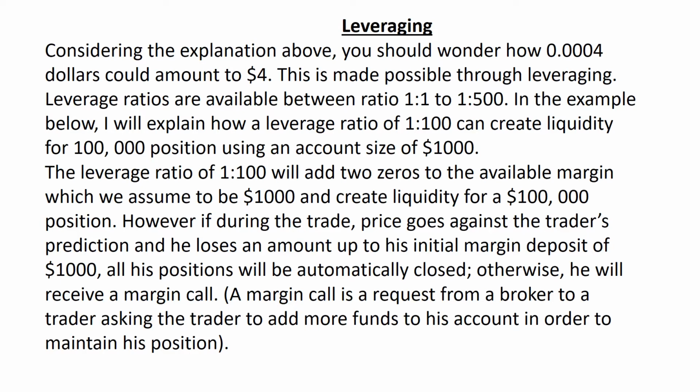However, if during the trade price goes against the trader's prediction and he loses an amount up to his initial margin deposit of 1,000, all his positions will be automatically closed. Otherwise, he will receive a margin call. A margin call is a request from a broker asking the trader to add more funds to his account in order to maintain his position.